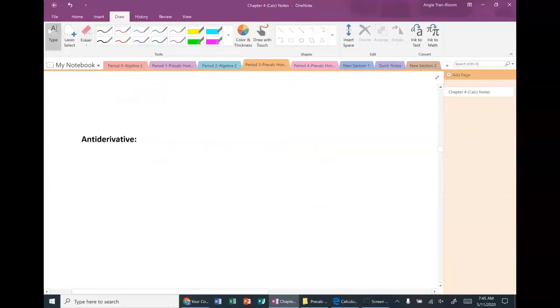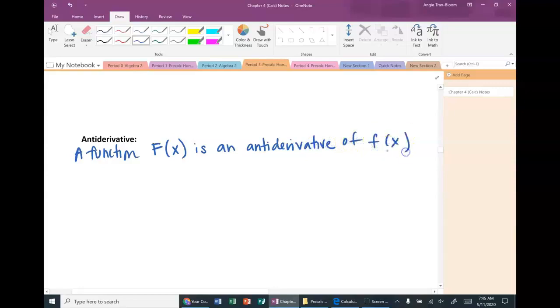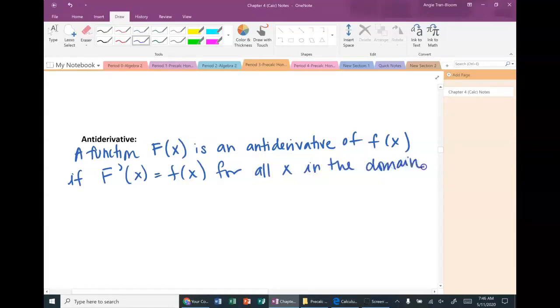So the definition for that is a function f of x, and I'm going to use big capital F of x, is an antiderivative of f of x if big capital F prime of x equals f of x for all x in the domain of regular small f of x.